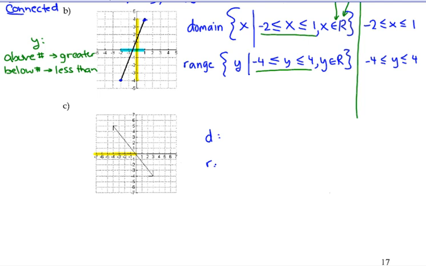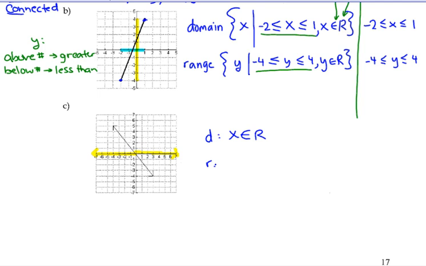So will it keep going forever to the left? Yes. How far right will this graph go? Forever. So if it's all numbers, how would we write all numbers? No, instead of infinity to infinity, we actually write it: x is an element of the real numbers, x ∈ R, because it's forever to the left and forever to the right. That's all numbers. X can be every single number.